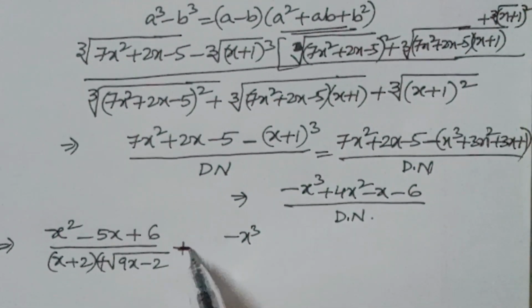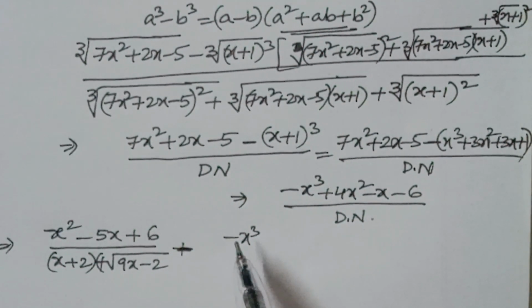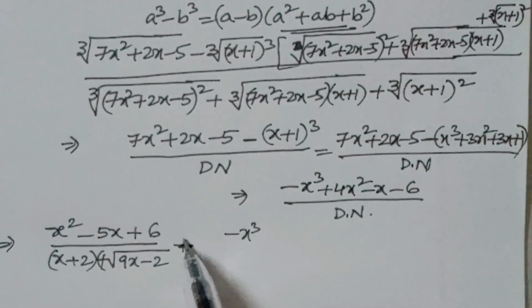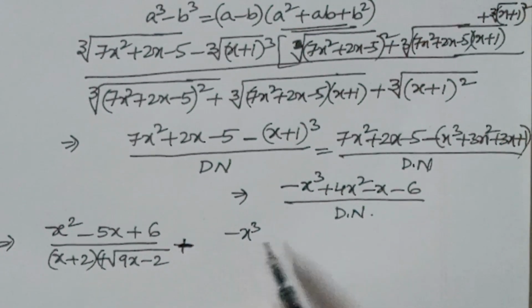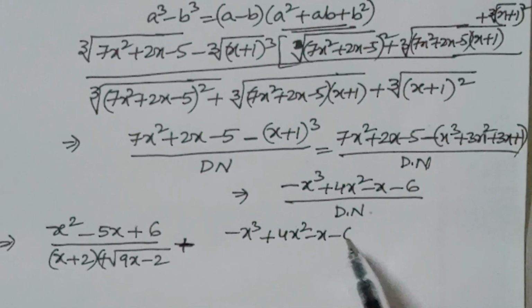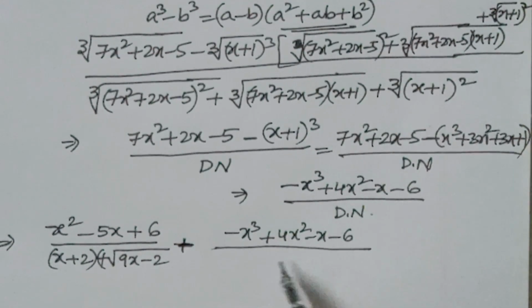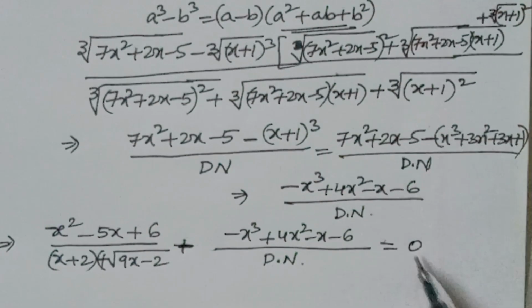Sorry, here this is minus. Minus plus minus, we will get x cube plus 4x square minus x minus 6 by the denominator is equal to 0.